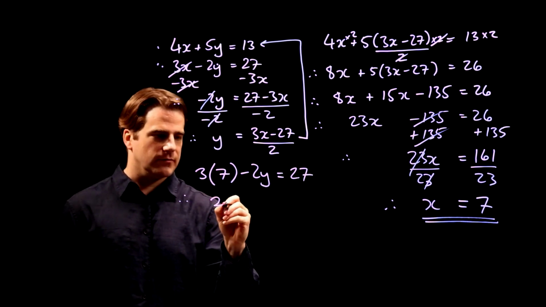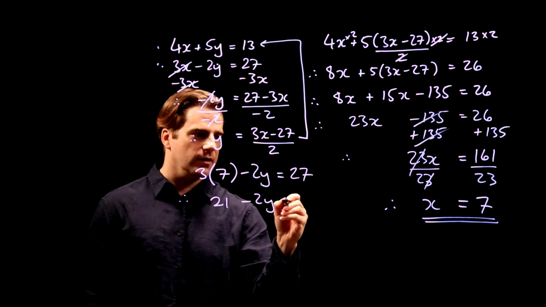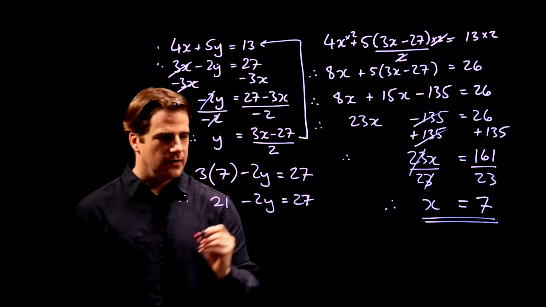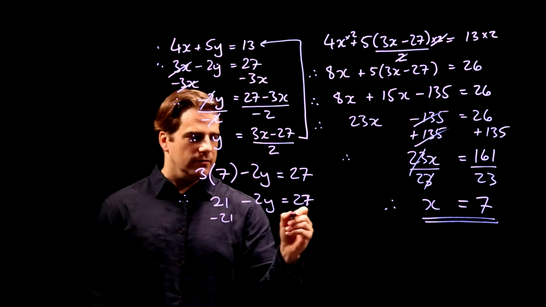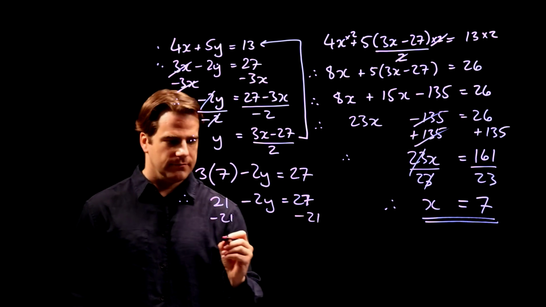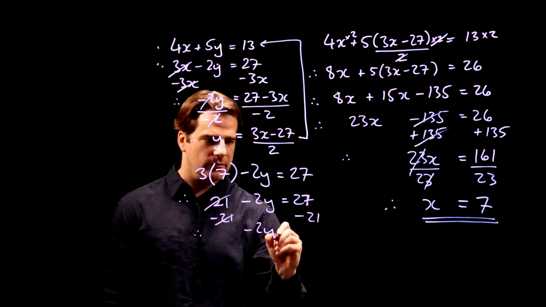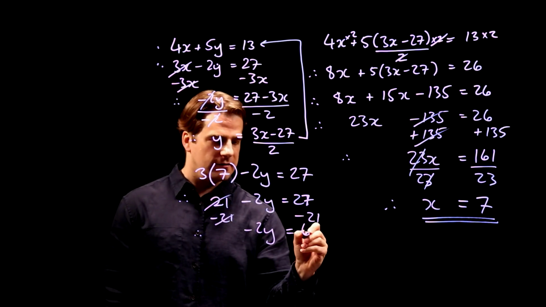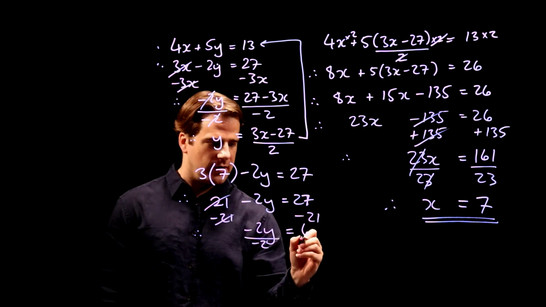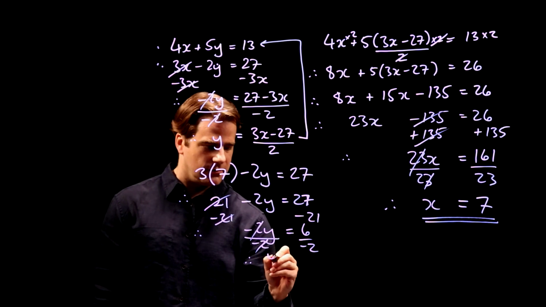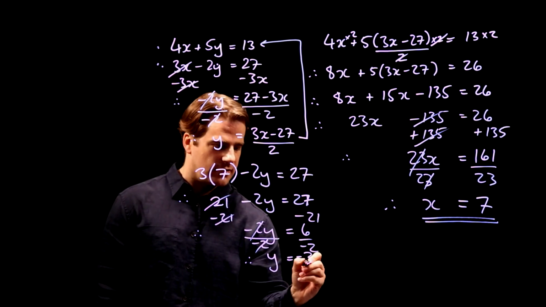Therefore, 3 times 7 is 21, minus 2y, equals 27. Take the 21 over here. Therefore, minus 2y is 6. Divide both sides by minus 2. And you get y is minus 3.